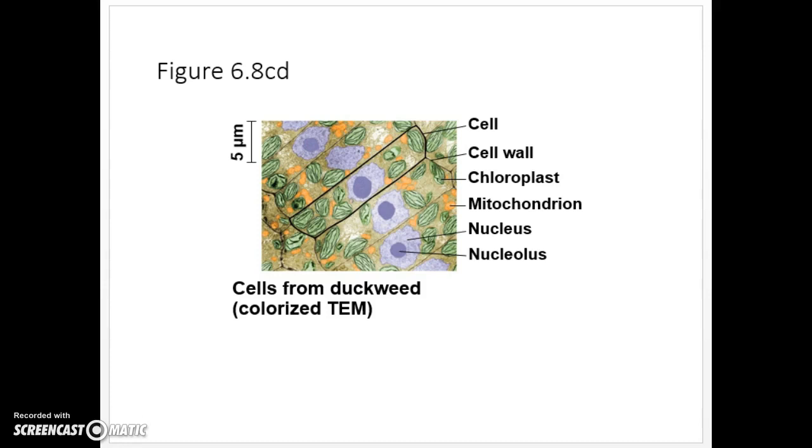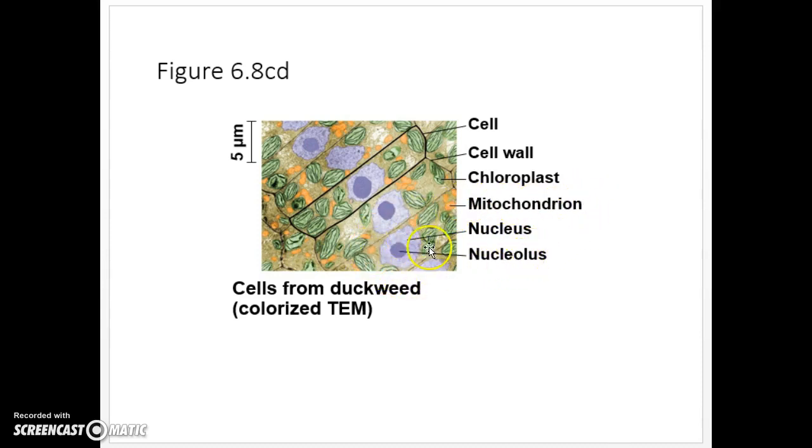So this is a picture showing you cells from duckweed. So obviously, this would be a plant cell. And this one is using an electron microscope. So you can start to see some organelles here. So you can see the cell wall is outlined in black. And all of these structures here are all the chloroplasts. You can see the orange structures are the mitochondria.